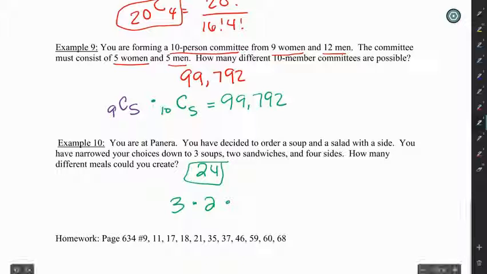Hopefully you figured out to just either change salad here to sandwich, or you could leave the salad up there and then change this down here to salad. Okay, hopefully you figured out just make a match. I must have made a typo. Anyway, we have 3 soups, 2 sandwiches or salads, and 4 sides. When we multiply those numbers together, we get 24.